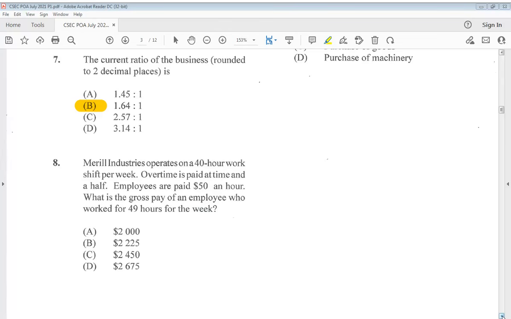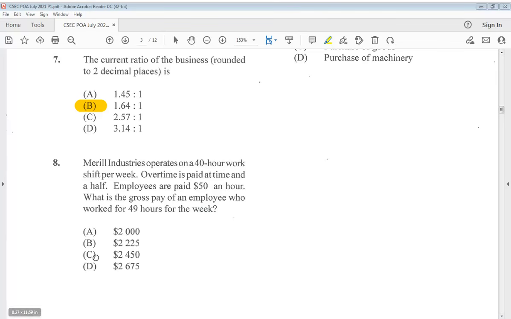The rate, as we know, is $50, and half of that would be 25. So there we have $75 times 9, which would give us $675, and we would add that $675 to the $2,000.